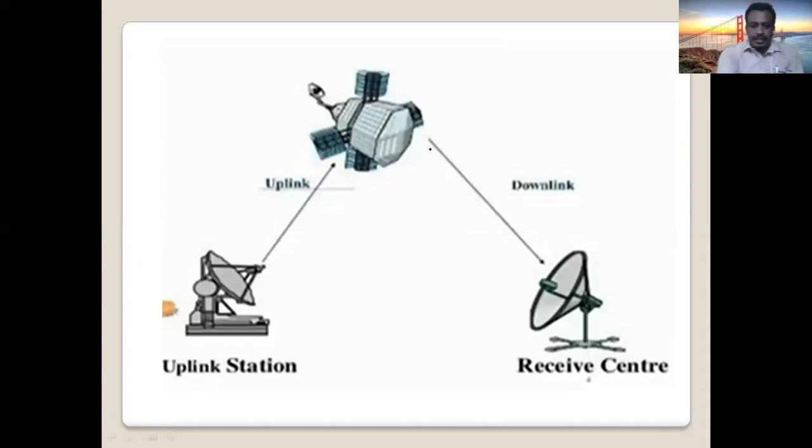Any transmitting system which sends information or signal to the satellite, where the information can be voice, audio, video, data, or a combination of these, modulated on a carrier and transmitted to the satellite, or any system which receives information from the satellite, we call it an Earth station.